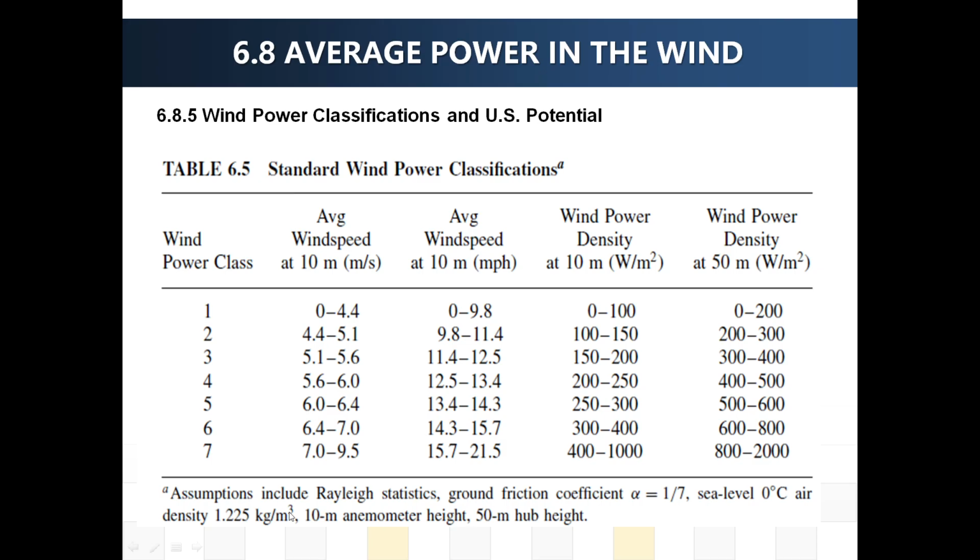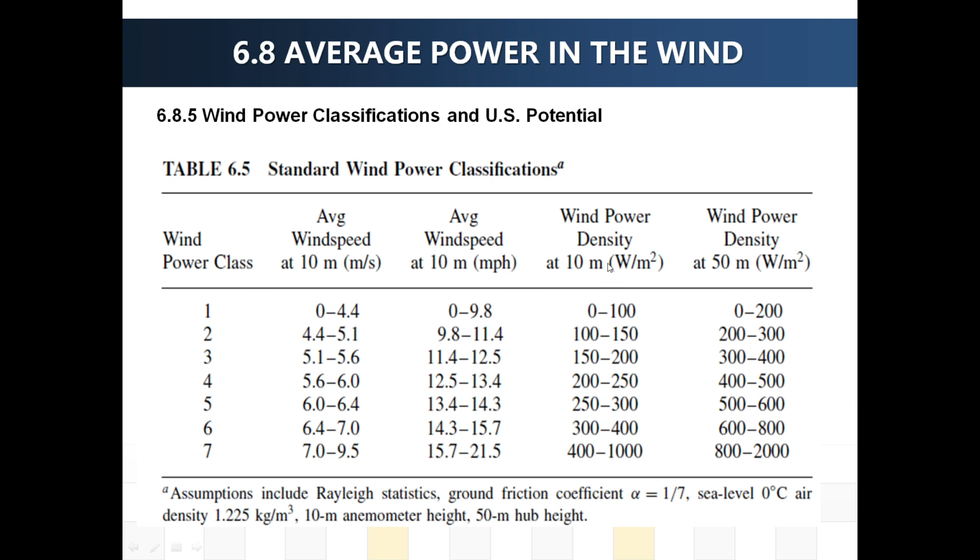For wind power class 1, the average wind speed at 10 meters is between 0.0 and 4.4 meters per second, about 0 to 9.8 miles per hour.